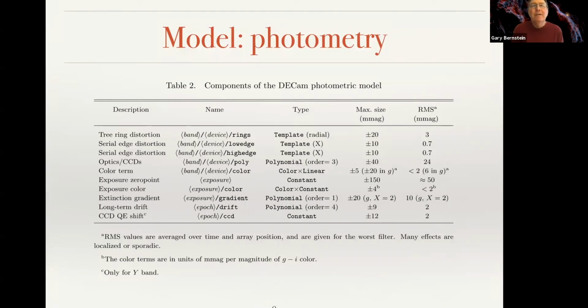We have this table here, which is from one of the papers, that lists the components of the photometry model. You can see that there are some things here, tree rings and serial edges. Those are detector effects. And then there's some polynomials to represent the optical CCD and its color terms.